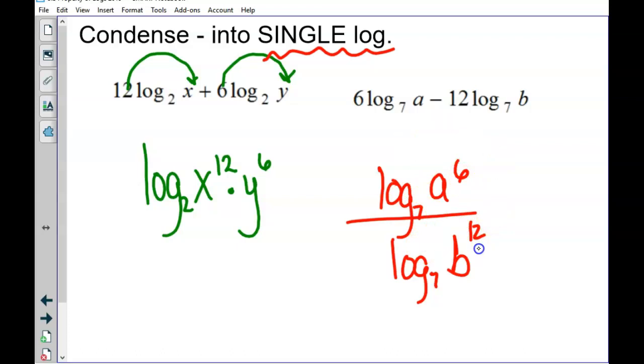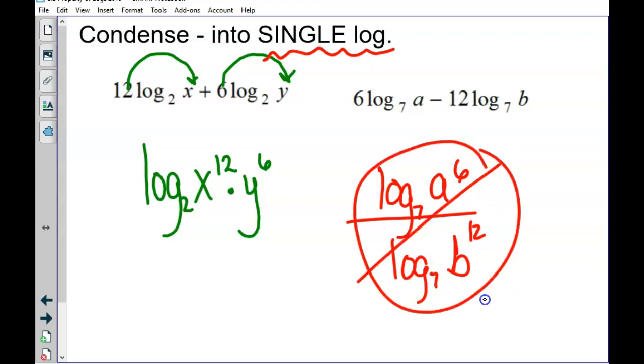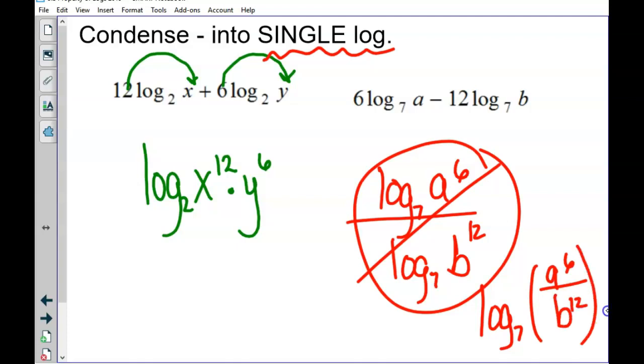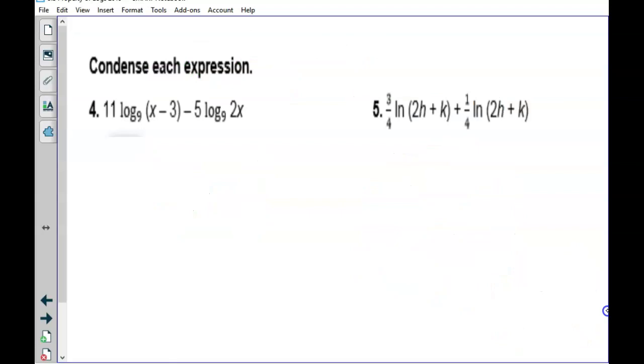It should be a single logarithm. This is incorrect because it should be log base 7 of a to the 6th over b to the 12th. Everybody see the difference and okay with that? Any questions? All right, let's move on to the ones you have.